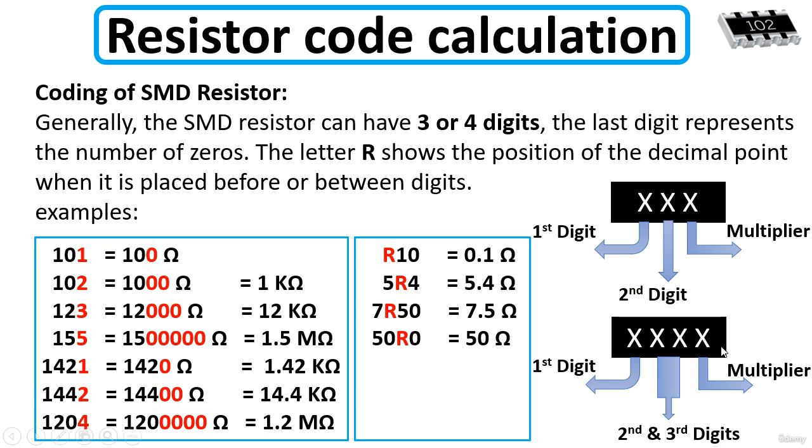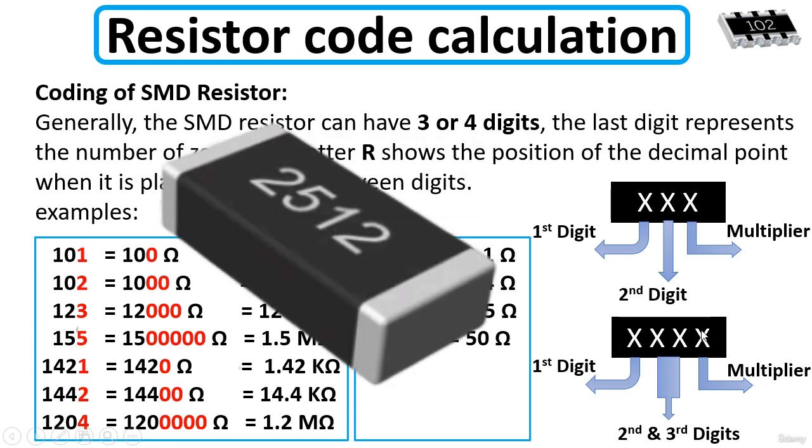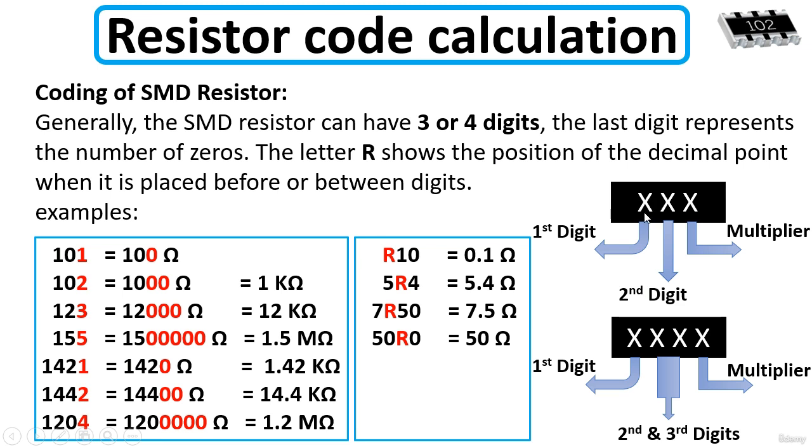Generally, you can find two types of resistors: a resistor with 3 digits or 4 digits. With this type, the first digit and the second are fixed numbers, and the third one is the multiplier.